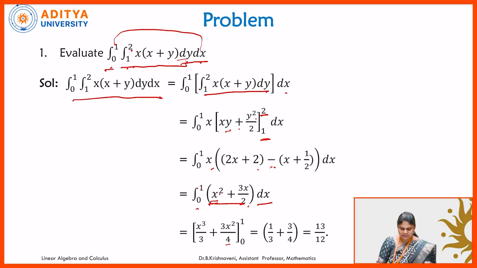Substitute the limits, upper limit x equal to 1, lower limit x equal to 0. If you substitute upper limit x equal to 1, the value becomes 1 by 3 plus 3 by 4, minus the lower limit. Since both contain x, we substitute x is 0, the lower limit becomes 0. So 1 by 3 plus 3 by 4 is equal to 13 by 12.